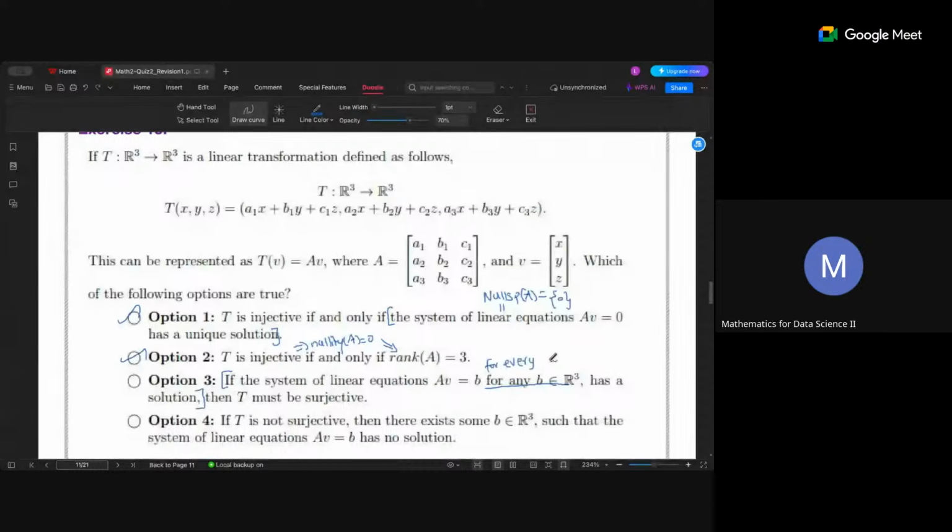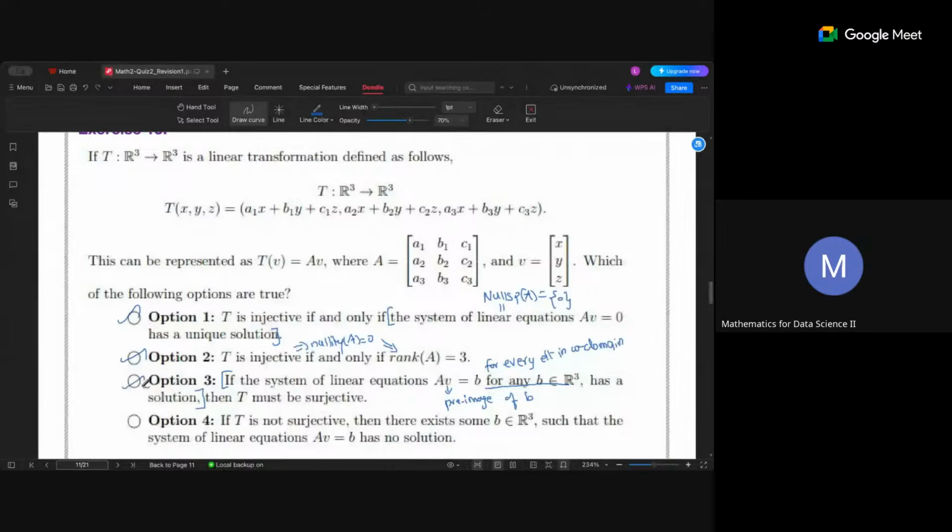So this B is an element in the codomain, and this V is your pre-image. So this is exactly the definition of surjective. For every element in the codomain, if you have a pre-image, then you know that it is surjective.